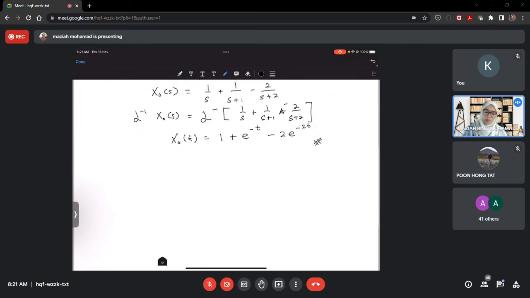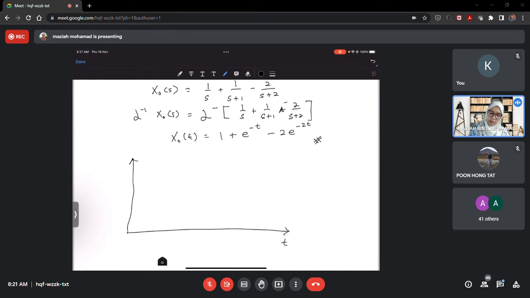Basically again, if you want to know the behavior, we're going to plot the equation for x naught by replacing t. You can use 0, 0.5, 1, 3, 5, 10, 100, infinity. I just put any values there.